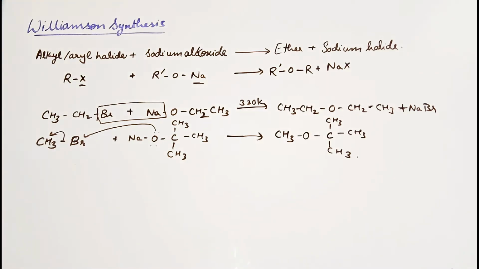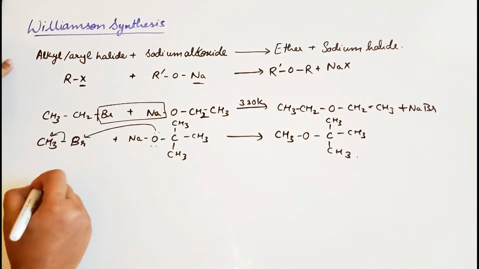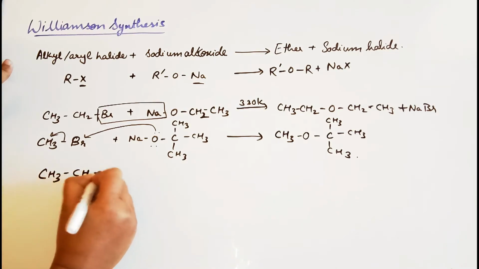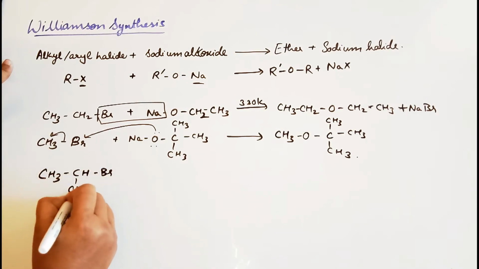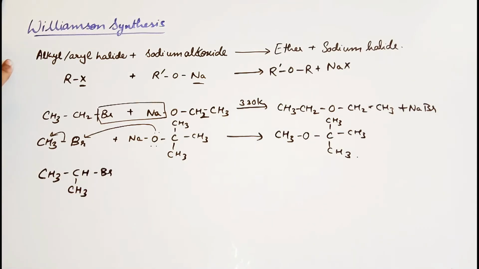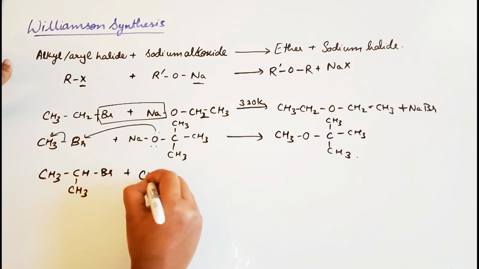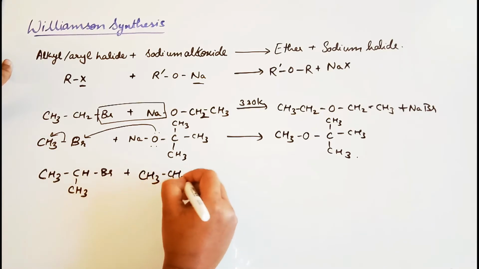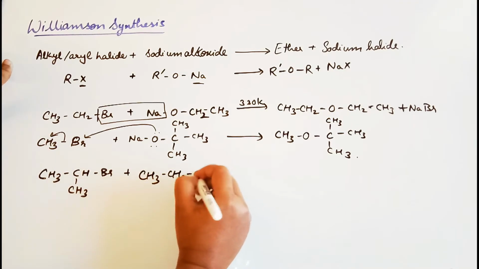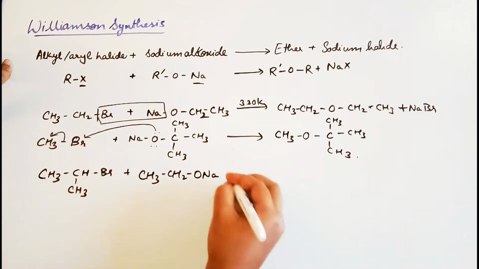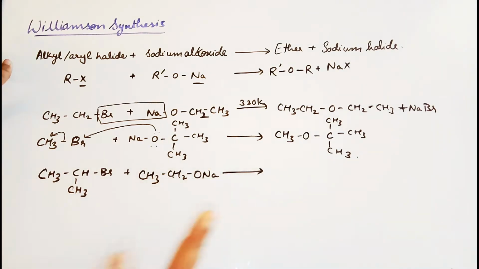In case of a secondary alkyl halide, for example, CH3CHBrCH3, which is 2-bromopropane, reacting with the sodium alkoxide, this leads to the formation of two products.